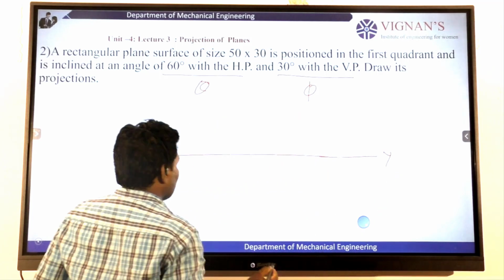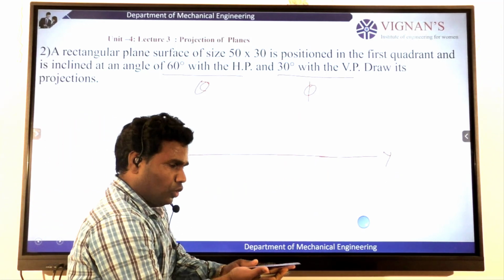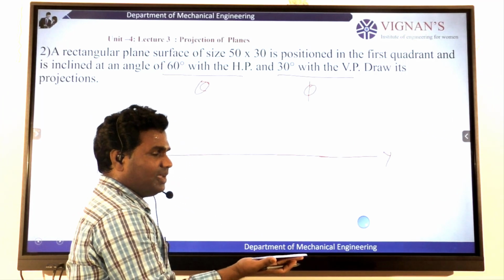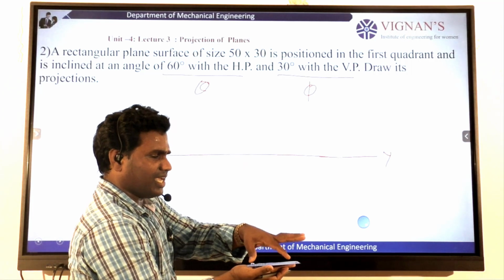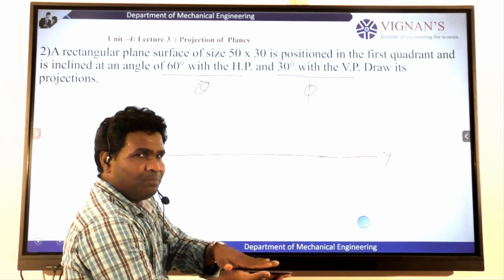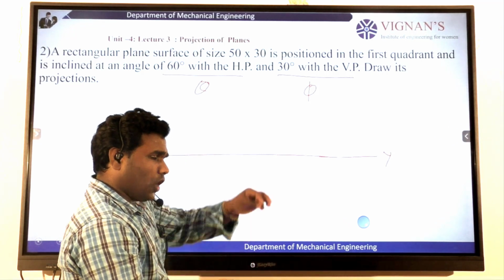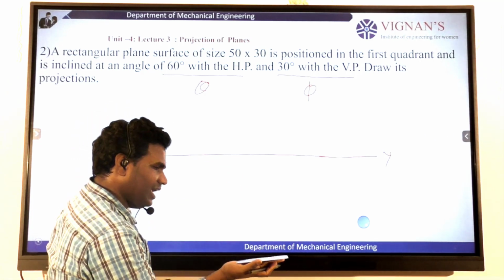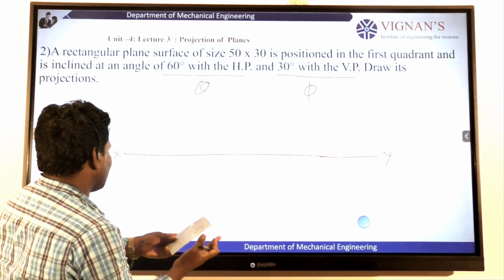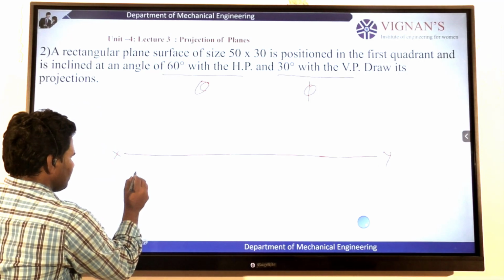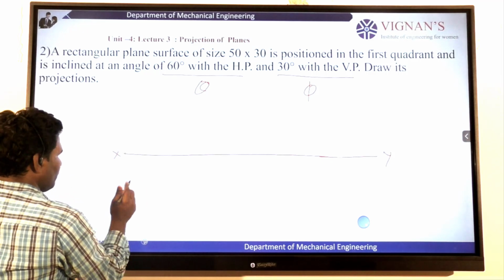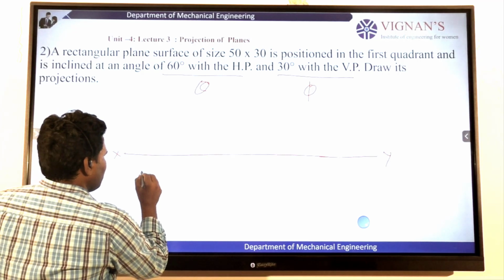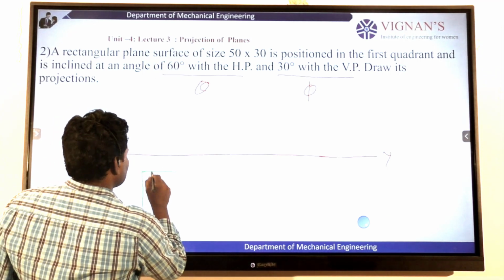Very good. Now, what is the position? In top view, in the initial position, we are assuming that the rectangular plane of sides 50 by 30 is resting on HP and perpendicular to VP. In top view only, we observe the true shape and size of the plane figure. And the shorter edge is perpendicular to the XY line.